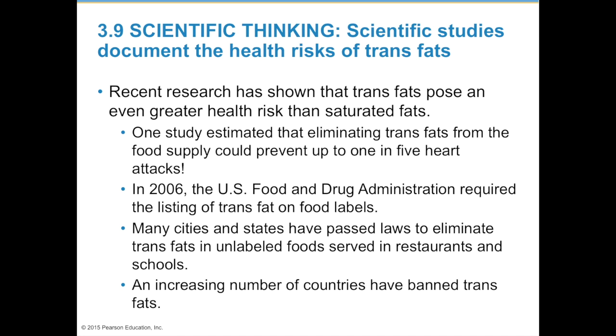They require these companies to list the trans fat, but do you know that companies can list something that has 0.5 grams of trans fat as 0? So something can say trans fat 0 grams, but in fact, it has 0.5 grams in it.